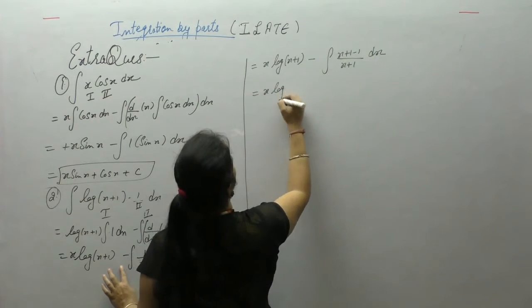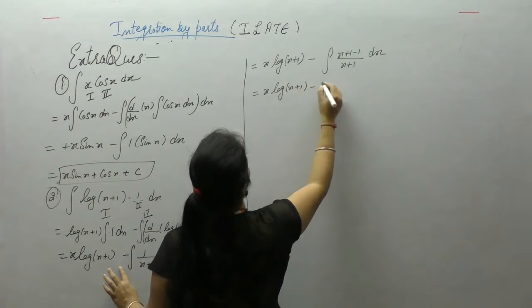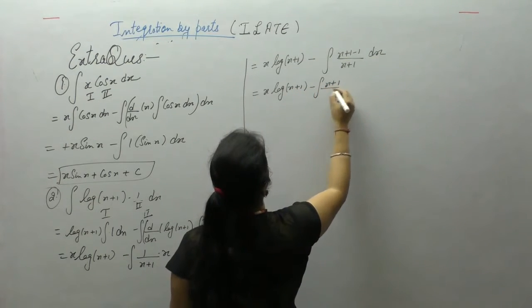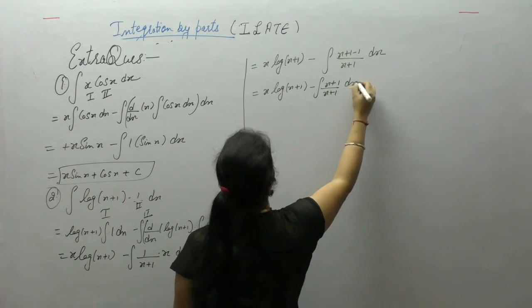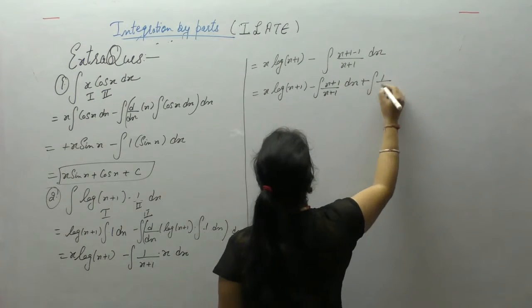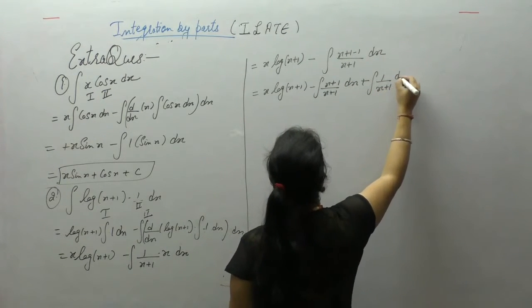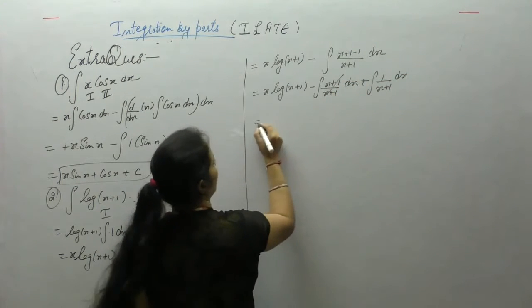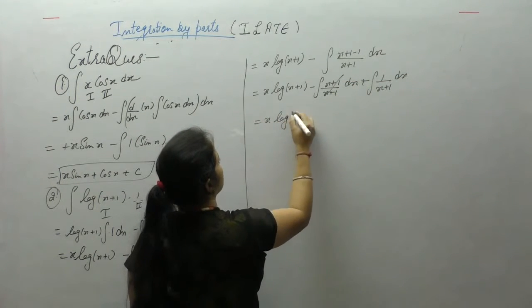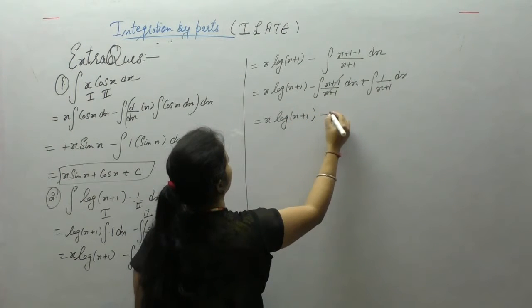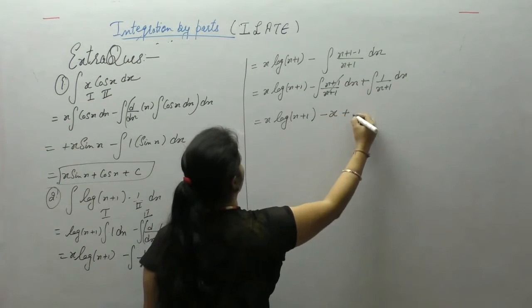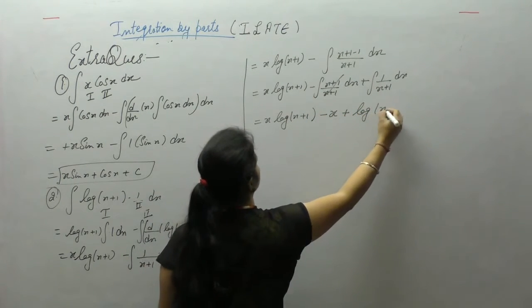X log of x plus 1, x plus 1 upon x plus 1, minus, minus, plus 1 upon x plus 1. X log of x plus 1. Integral of 1 is x. 1 upon x is log of x.